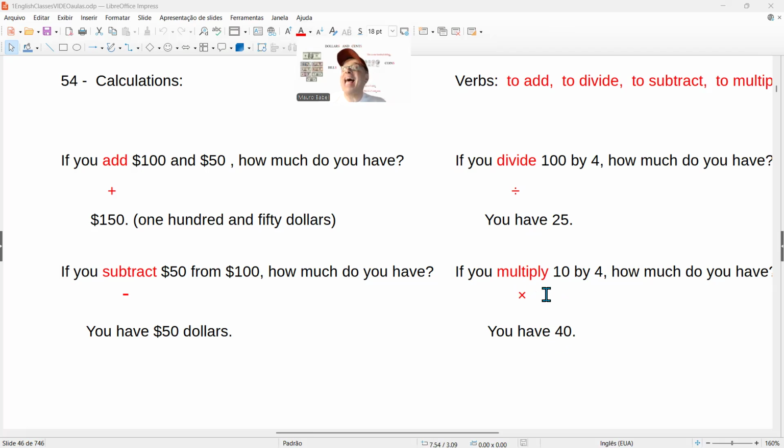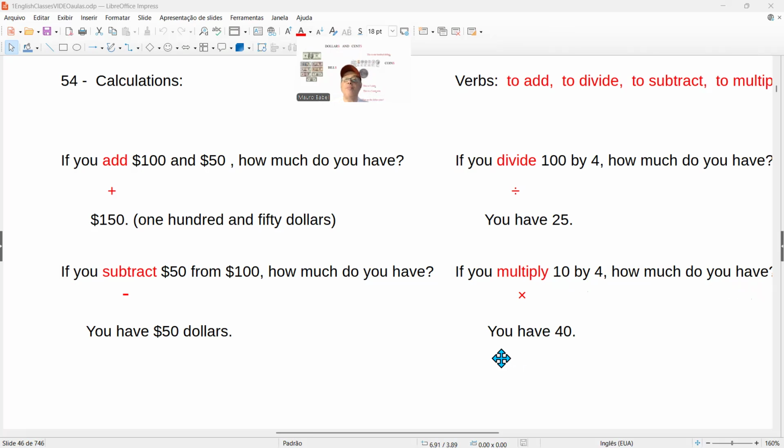He multiplies. I-E-S. Perfect. Mas o som é o mesmo, né? He multiplies. She multiplies. We multiply. You multiply. They multiply. Perfect.